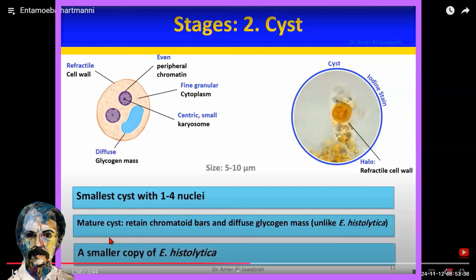If you remember in E. histolytica, we said that the chromatoid bars disappear when the cyst matures. Here, no. The cyst matures and the chromatoid bars remain. And it has a glycogen mass also, unlike histolytica. It's a smaller copy of E. histolytica. That's why sometimes we call it dwarf. Dwarf means very little.